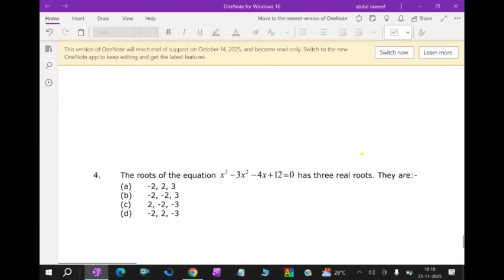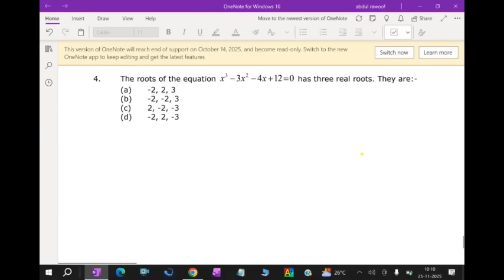Question number 4. The equation x cube minus 3x squared minus 4x plus 12 has three real roots. What are they? Here it is better to substitute the values and check. So first minus 2 cube. Minus 2 cube is minus 8.